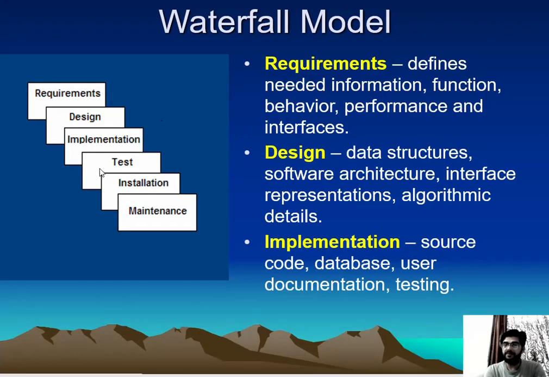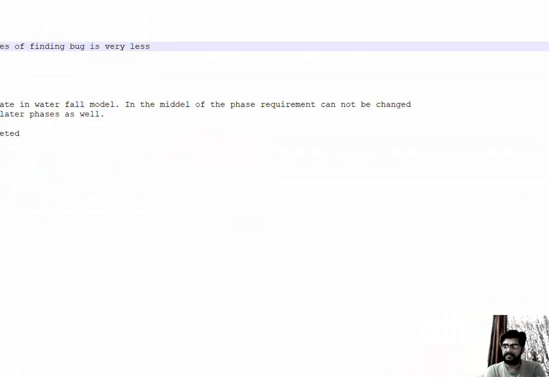Let's suppose our stakeholders say during the testing phase that they want to include some more requirements in our project. If we are using the waterfall model, there is no possibility that we can include the requirement in the testing phase. So this is a very big disadvantage.